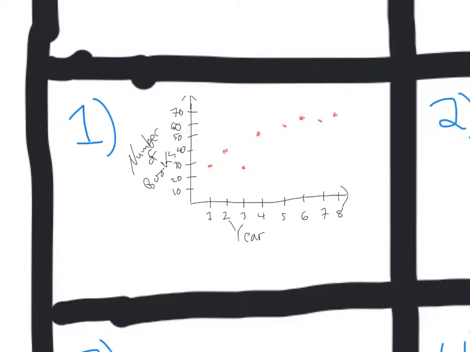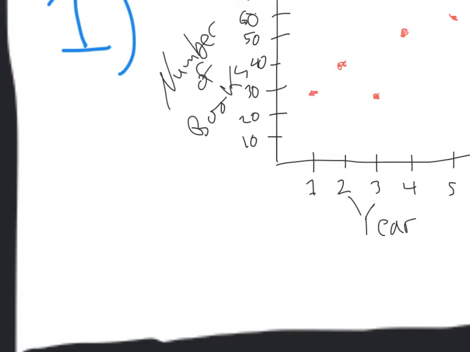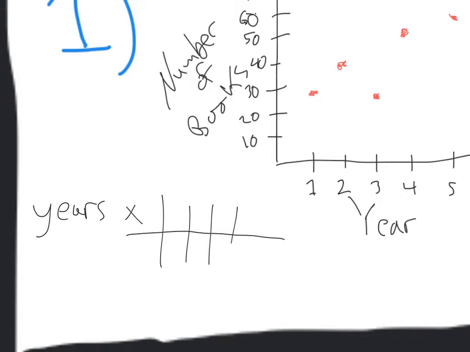Your years are going to be your X values, whatever they may be in that chart, and your number of books is going to be your Y value, and that comes from that table. You guys can see that in your book, but here were some of the points, the XY values that you had to graph.